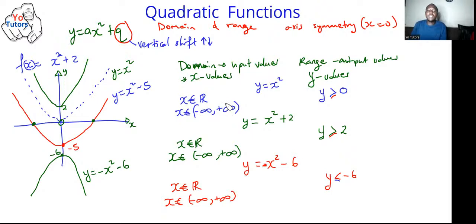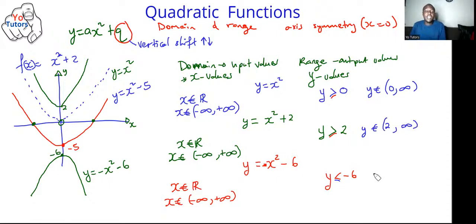For example, here in terms of the infinity, we are saying y is an element of from 0 to infinity. Then here also y is an element of from 2 to positive infinity.